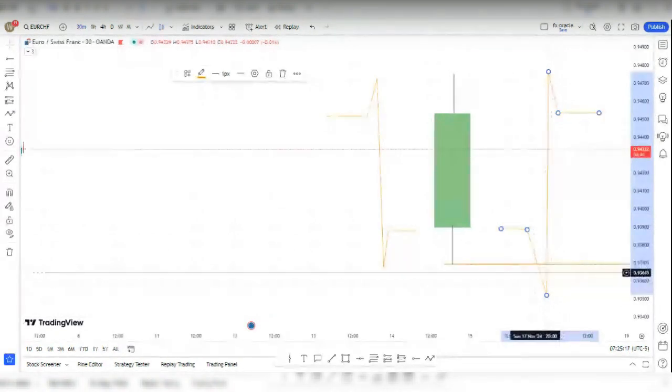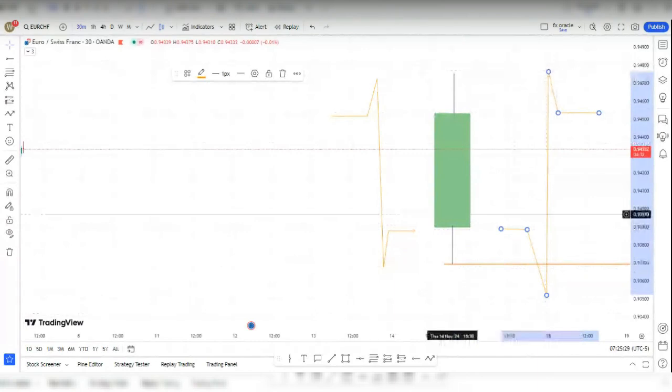Once they manipulate the level, they will expand. That is what ICT calls the power of three: open, low, high and close. The candle formation: open, low, high and close. So this is your accumulation of order, manipulation of order, and then distribution of order.